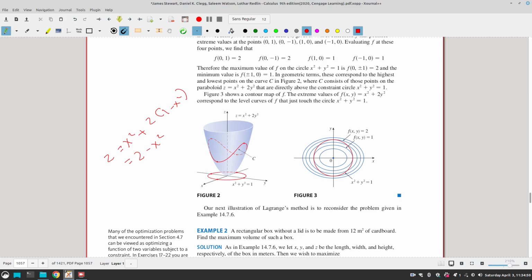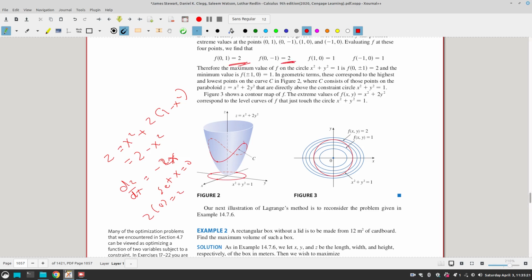Now notice what happens if I differentiate this. dz over dx equals negative 2x. So set x equals 0, I get z of 0 equal to 2, which is the highest point.